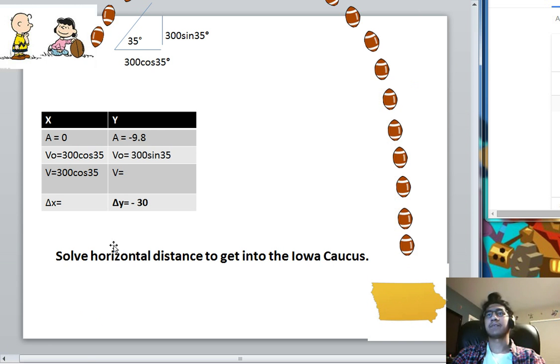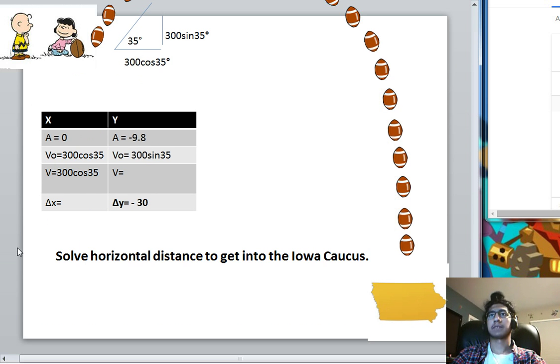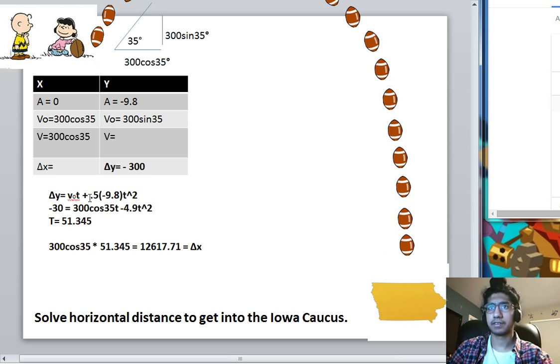So, let's solve horizontal distance to get into the Iowa Caucuses. Given that delta y equals negative 30. Perhaps I should have written that out. That's okay, we move on.